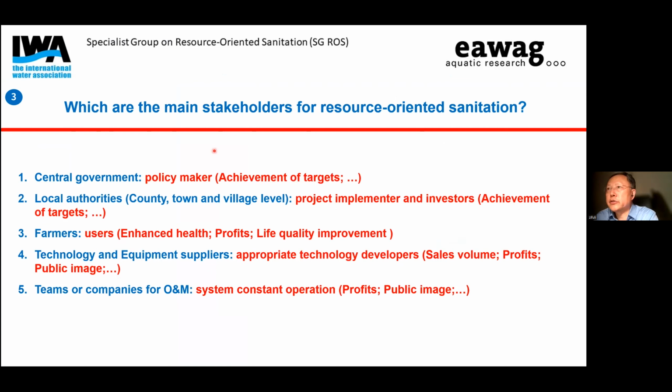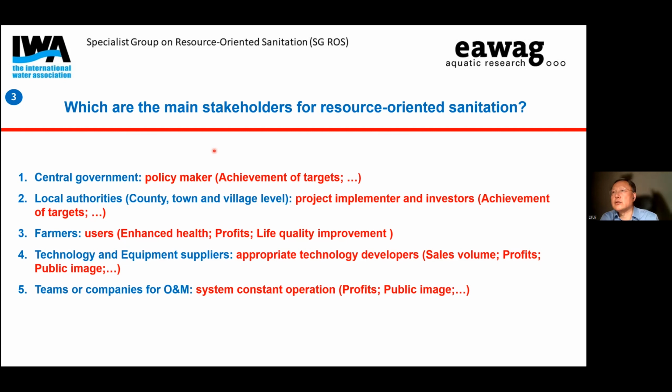The local authorities, at county, town, and village levels, are the project implementers and investors for rural toilet retrofitting. Their motivation is also the achievement of targets. And the farmers are the users. Through this system, they can enhance health, get profit, and improve their quality of life.